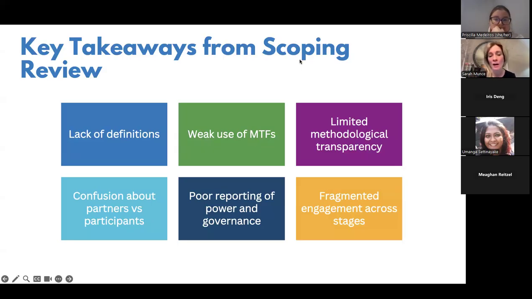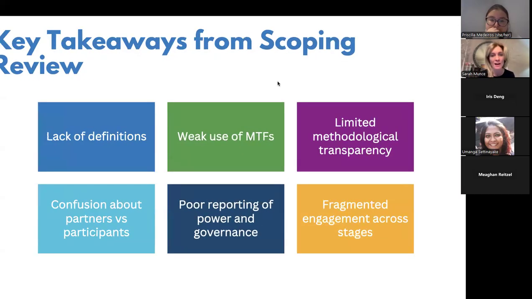We also see poor reporting of power and governance, which is particularly striking given the importance of power dynamics and power sharing in the co-design process. And then really fragmented engagement across the stages, with a decline in the partnership or engagement as the research process evolves.